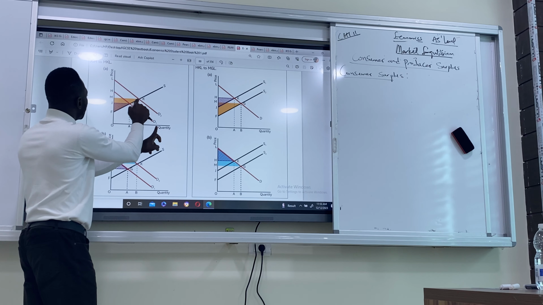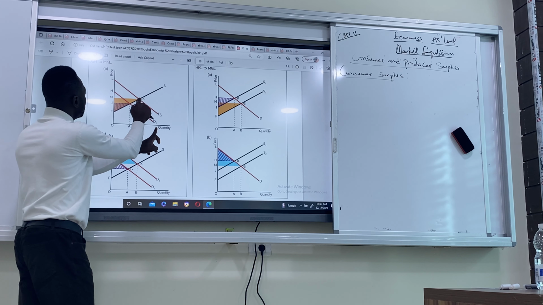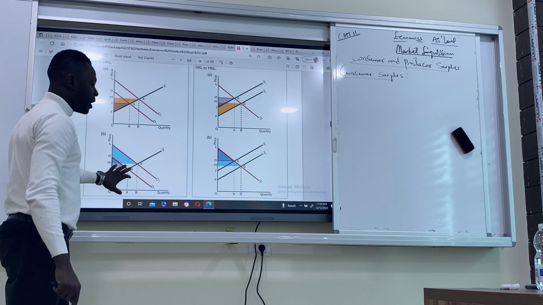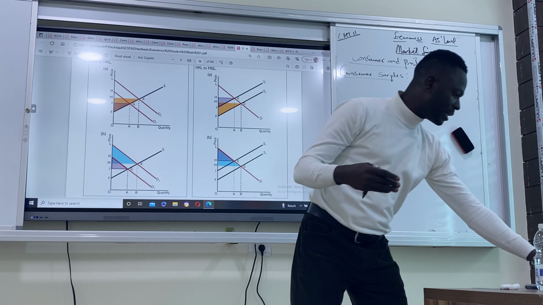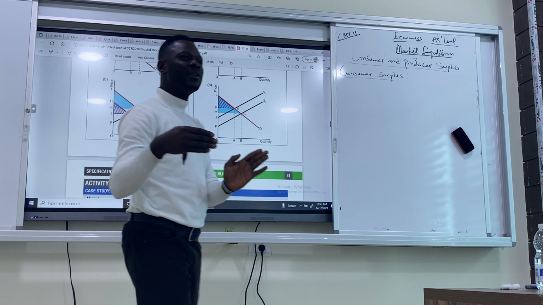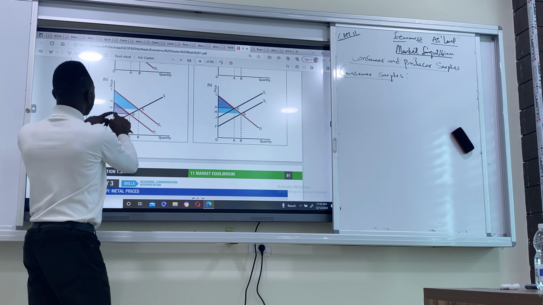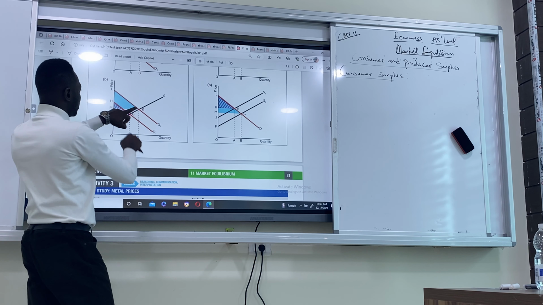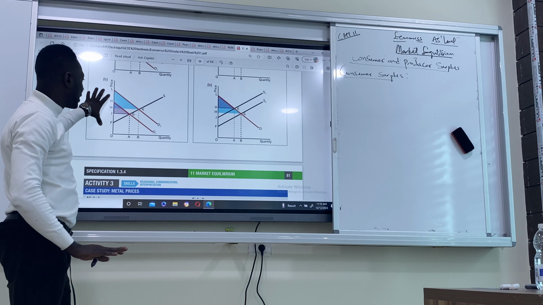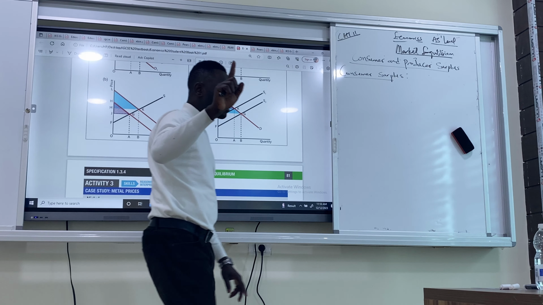This is a new producer surplus. For consumers, because they also increase their demand, they're also going to have an increase in consumer surplus, from this point to the new point. I think that is clear. That's for producer and consumer surplus.